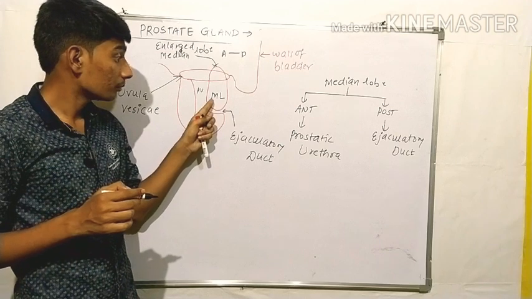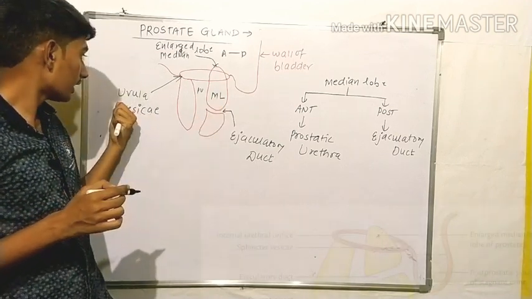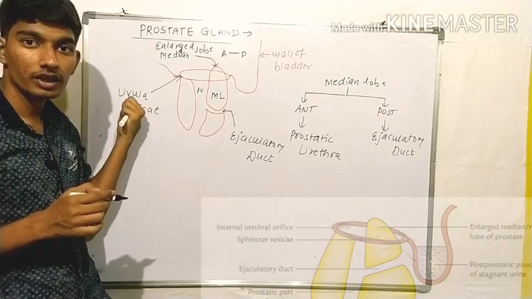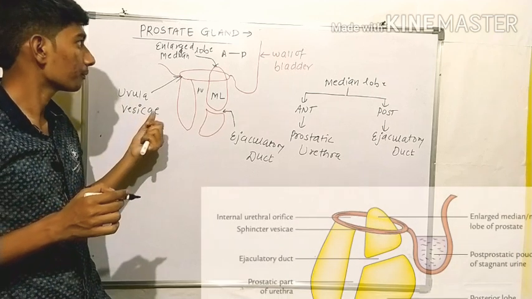Now, the base of the median lobe extends into the bladder, and this is known as uvula vesicae. Uvula is a tongue-like projection into the bladder. Vesicae is bladder.